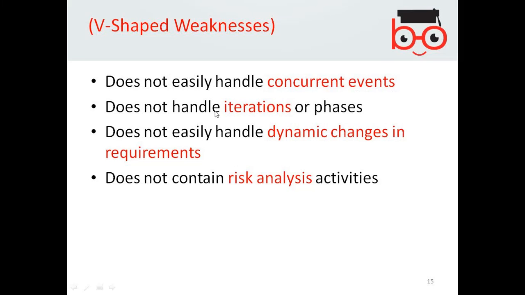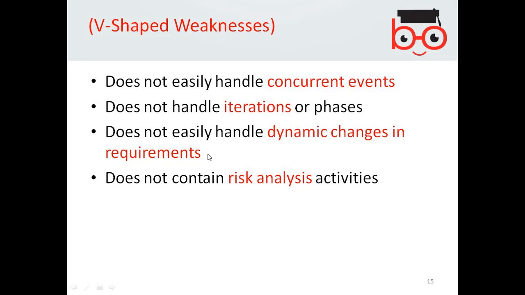It does not handle iterations or phases. If you are going into iterations, you are going step by step, so it will not allow you to do the iterations because there would be interruption in the phases. It does not easily handle dynamic changes in the requirements.